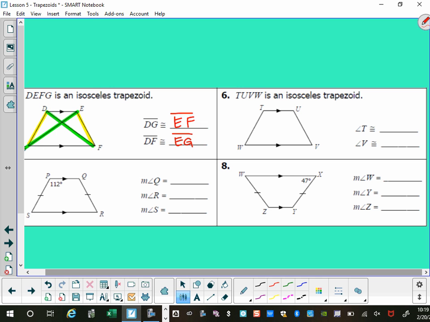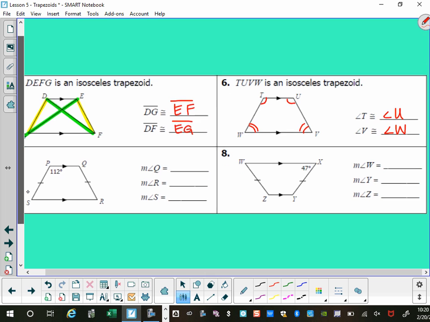Right, for number 6, TUVW is an isosceles trapezoid. So what that means is that angle T is congruent to angle U. And so that angle V is congruent to angle W. When it's isosceles, we'll have the same numbers for those angles.